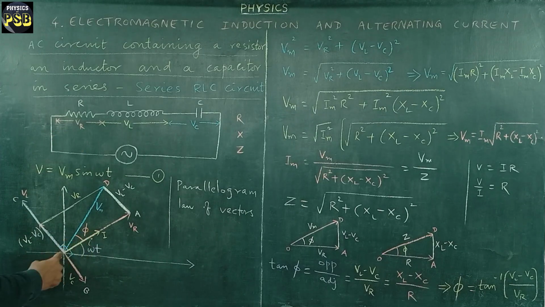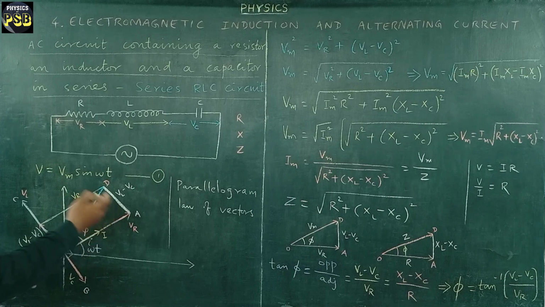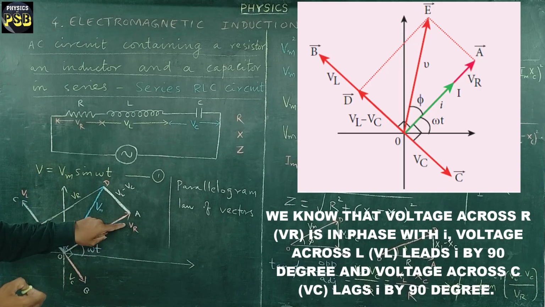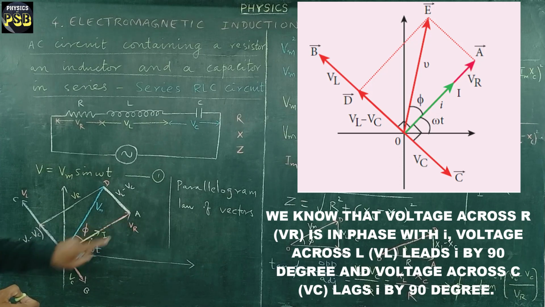I take this current phasor as a reference phasor. So with respect to this, the position of voltage across resistor, capacitor and inductor is mentioned here.